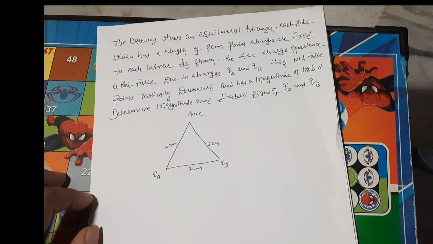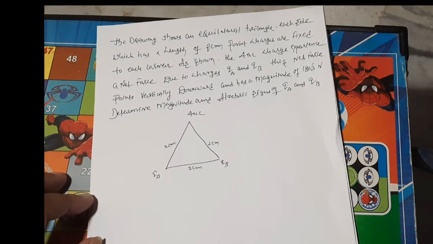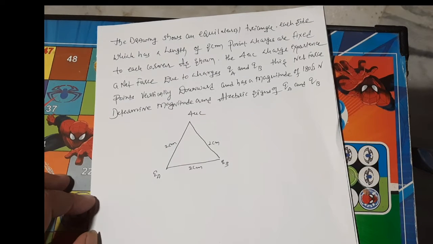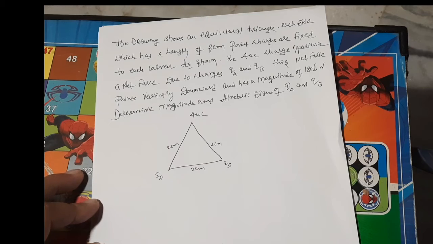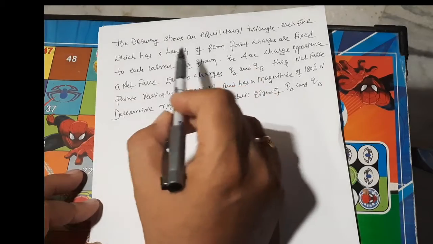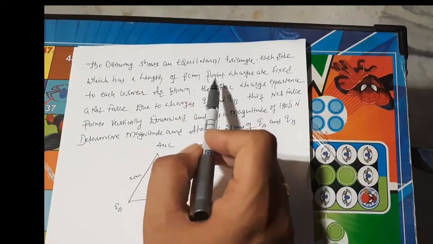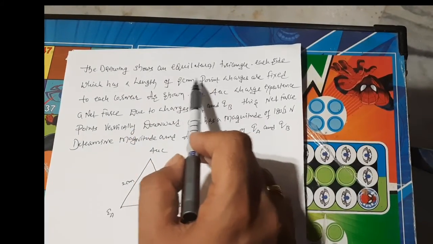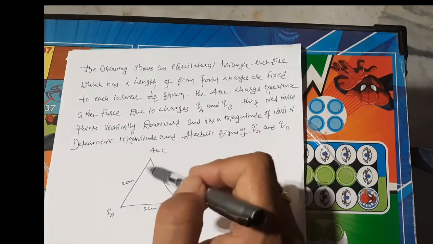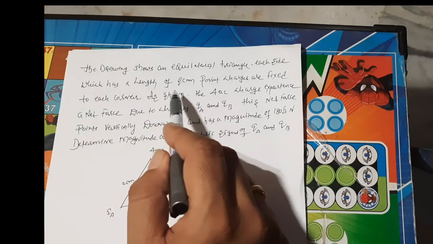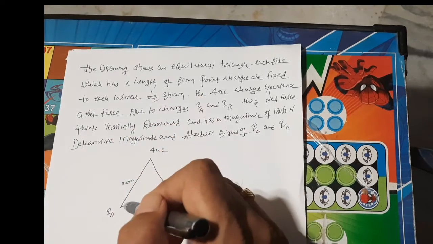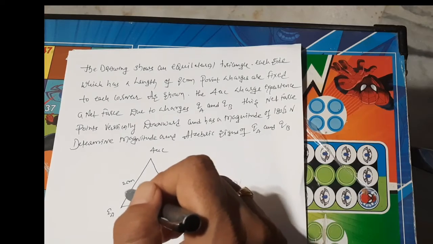So now we are going to discuss another important problem based on Coulomb's law, that is the equilibrium of charges. Here the drawing shows an equilateral triangle, each side of which has a length of 2 centimeters.